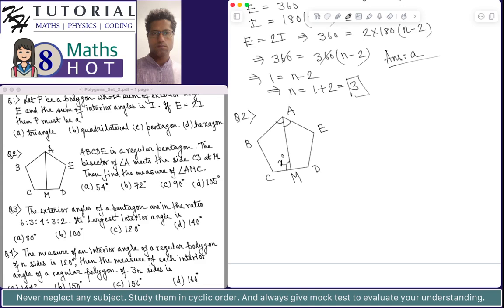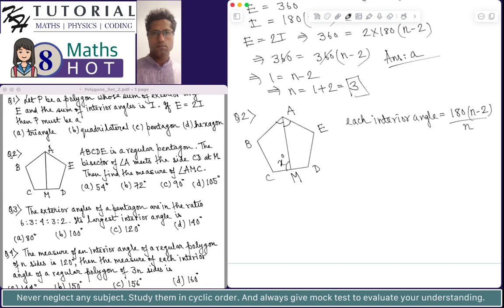Now, ABCDE is a regular pentagon, so from this diagram we can say each interior angle, using the formula, will be 180 multiplied by n minus 2 divided by n, where n is the number of sides of the regular polygon.